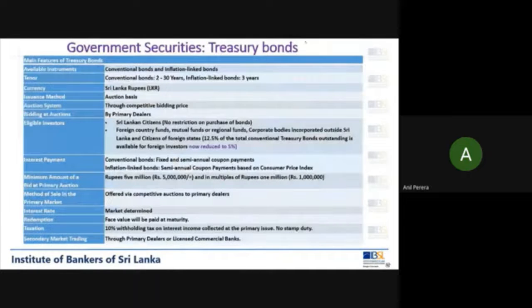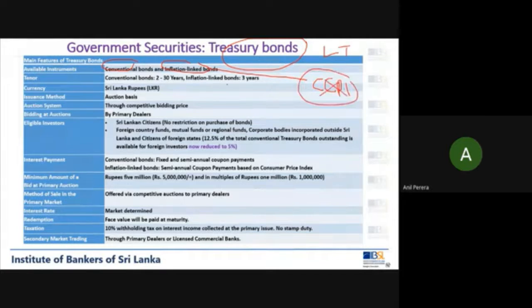Then we have treasury bonds. Treasury bonds are long-term instruments, as you are aware. Long-term instruments are issued mainly for investment purposes, for formation of capital, right? The government can have money for a longer period. There are two types of bond: conventional bonds and inflation linked bonds. Inflation linked bond means here the interest rate is attached to the inflation rate, let's say CCPI.